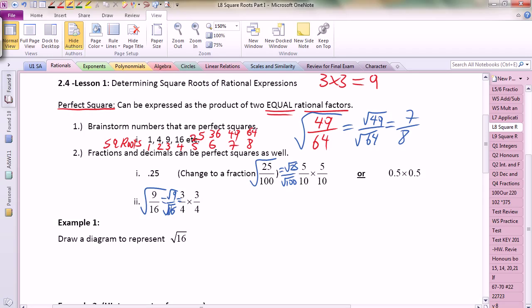How does the square root of 25 over 100 change into square root of 5 over 10? Oh, what's this? Well, how do we say this? I guess I kind of got it written wrong. I should just put an equal sign there. I know, but the 25 over 100 is 0.25, and if you square root them, 5 over 10 is half.